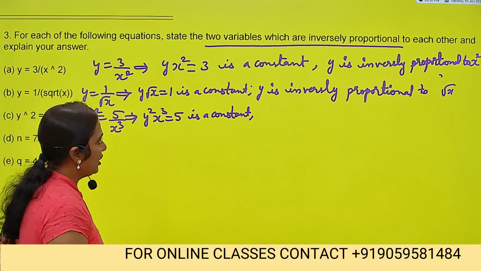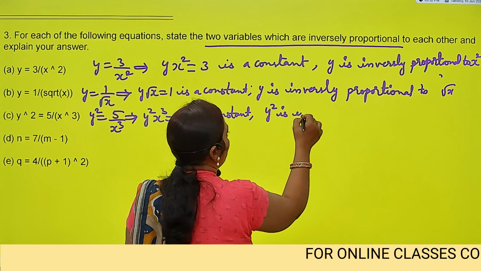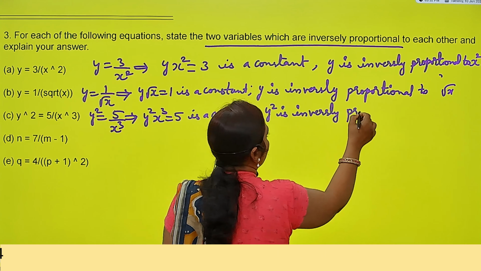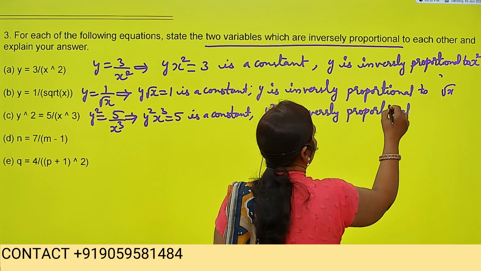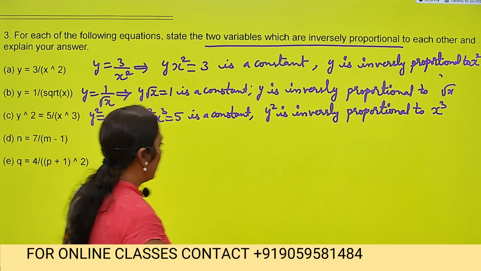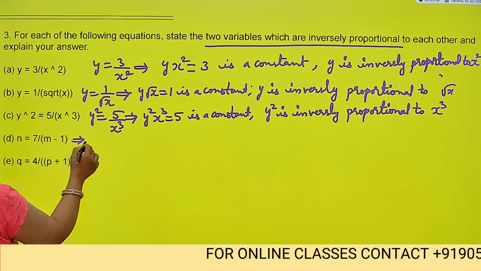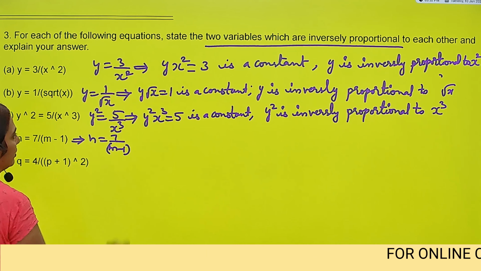So what is the explanation? y square is inversely proportional to x cube. Okay. Next, n equals 7 over m minus 1.